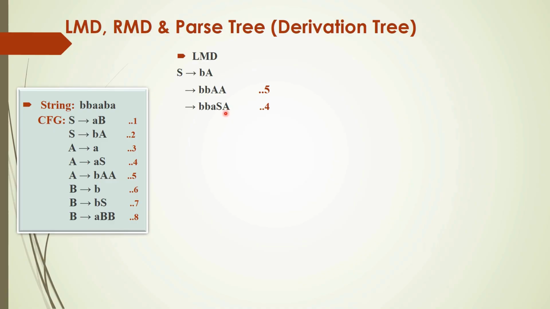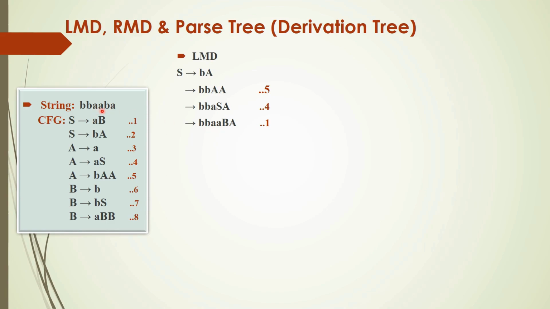Now in the next derivation we have to substitute the leftmost variable, which is A, so I am substituting this S with something able to generate a and b. Here you can see this is the first derivation rule. With this we are able to generate a and b here, so I am substituting with the first derivation rule. Here you can see this S is substituted with ab.